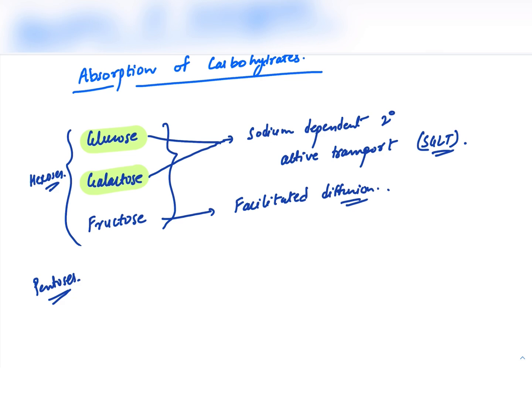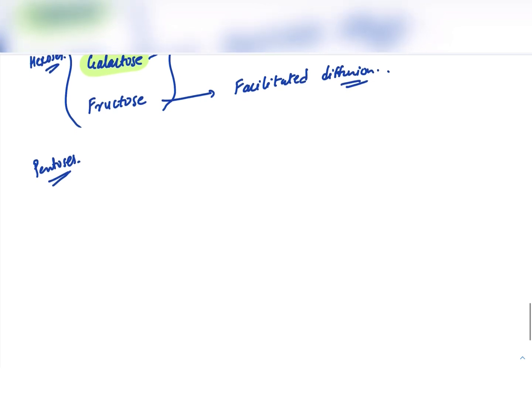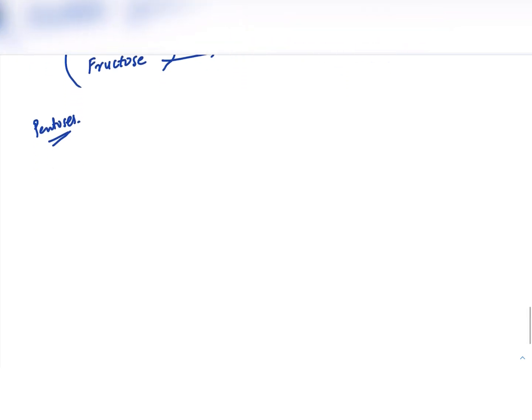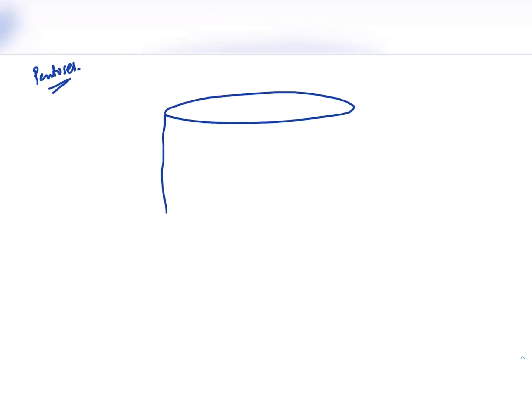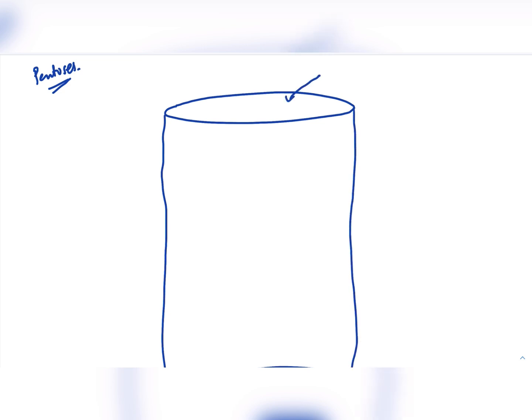Now, if you see the absorption of glucose and galactose from the intestine, suppose this is your intestinal lumen where the absorption is usually occurring, and this is your intestinal epithelial cell.